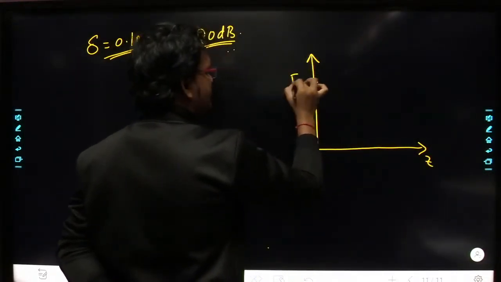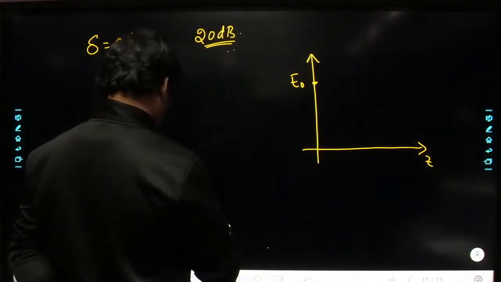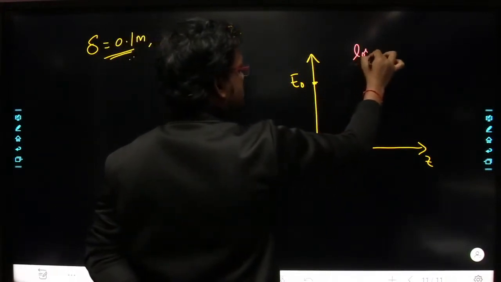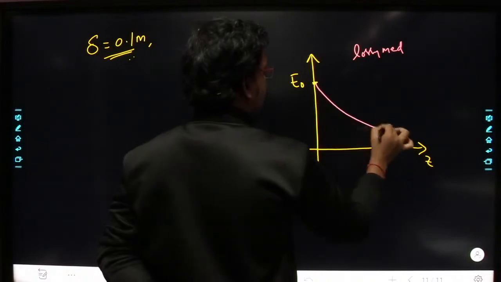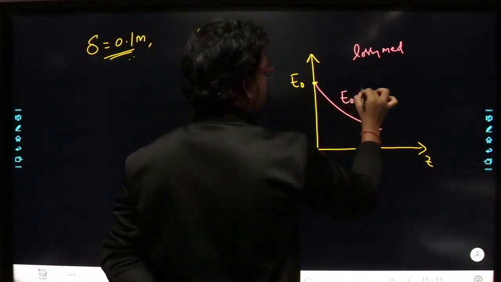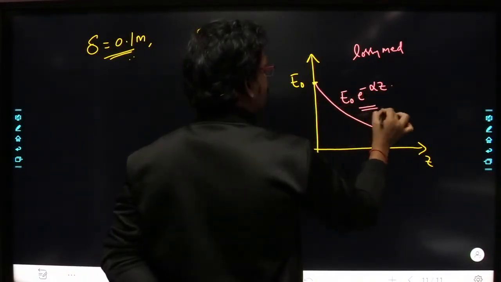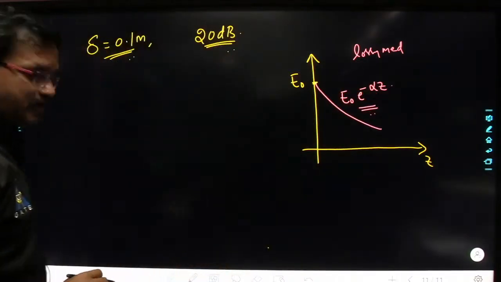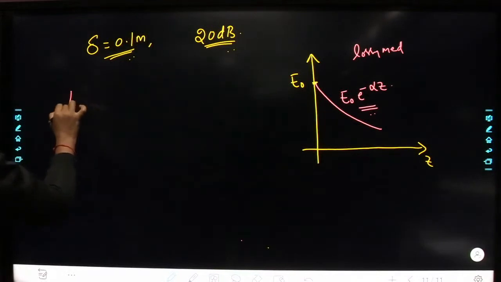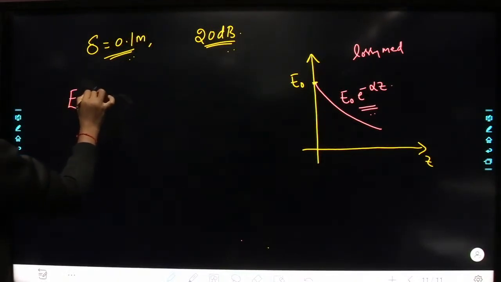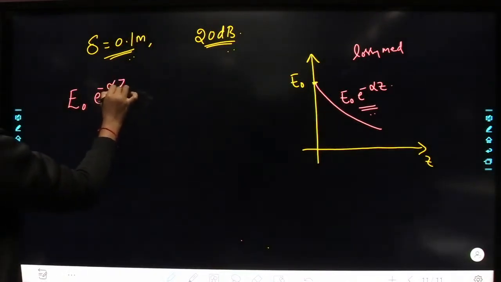Its initial amplitude is E naught. As it propagates in this lossy medium, the amplitude is going to decay exponentially, so that is E naught into e power minus alpha z, right?